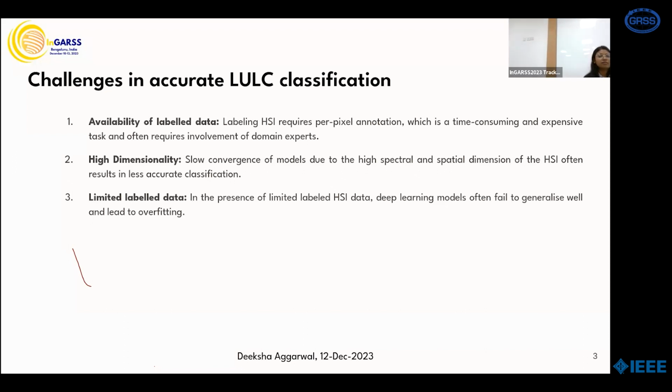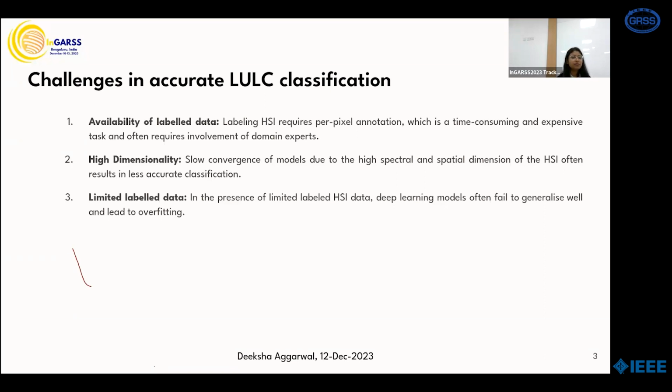Secondly, the high dimensionality of this HSI data, which comes in the form of high spectral bands and spatial resolution, which tends to give a slow convergence of models, that is machine learning models or deep learning models.